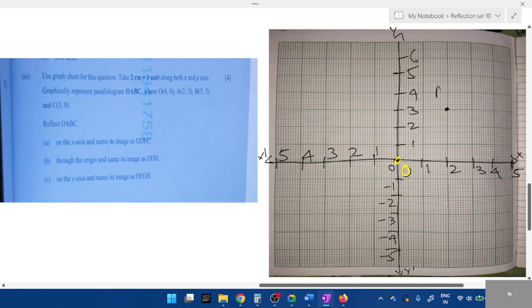So this plotted as A. Next we have B, 5, 3. Okay, C is 3, 0. Look here, students. 3, 0 meaning x has a value, y doesn't have a value. It lies on the x axis. Whichever has a value on that axis, 3. So represent where we see reflect OABC. Just join this.